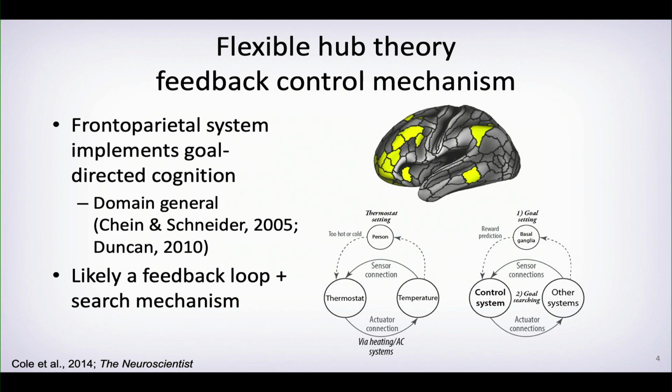And so by analogy, we could think of the frontoparietal network as potentially having this kind of setup where there's some evidence that maybe basal ganglia uses reward prediction to set the control system set point, and then there's a nonlinear dynamic interaction with other brain systems to bring the brain into a particular goal state.